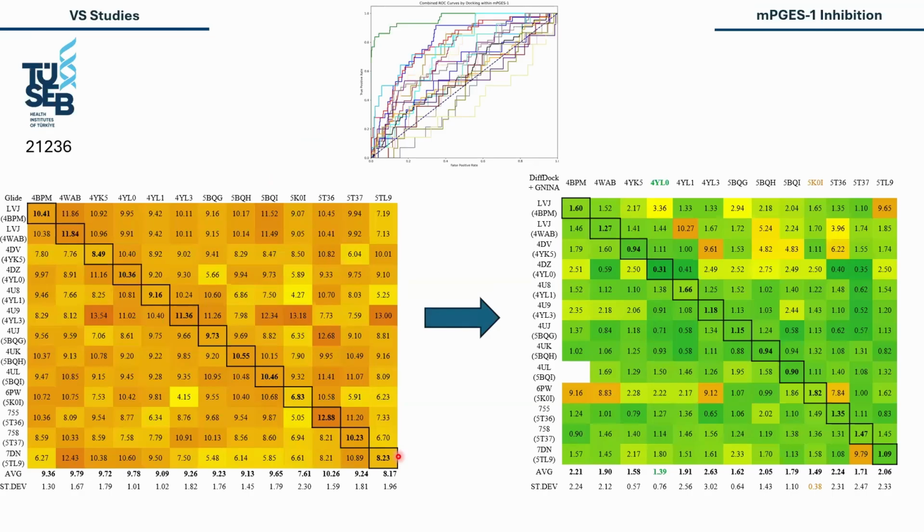But what was the difference between both studies? Here on the left, you see the cross-docking study that we did with Glide, and on the right, you see the cross-docking study that we did with DiffDock. And inside this heat map, you are seeing the RMSD values of both works. On the left, you see the RMSD values are very high, all are above 7.